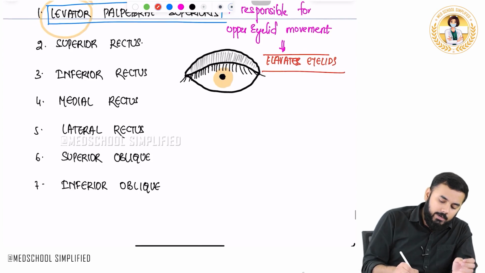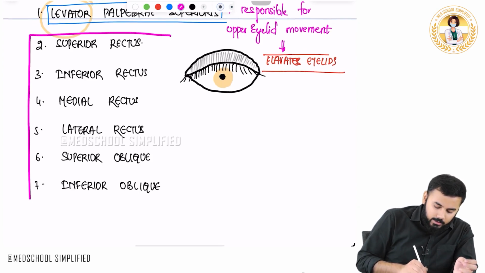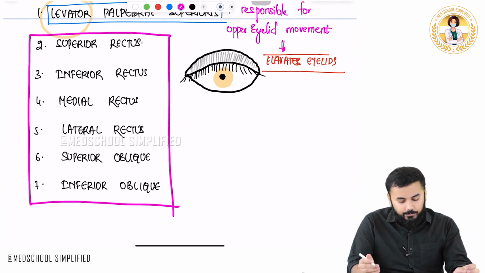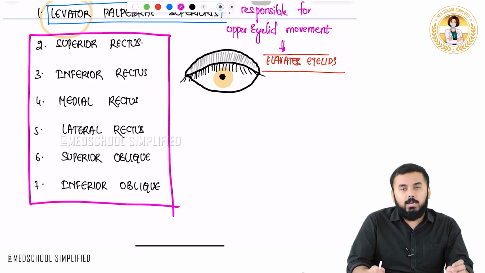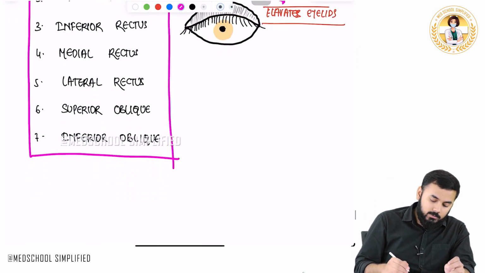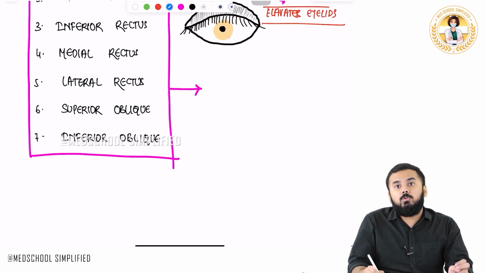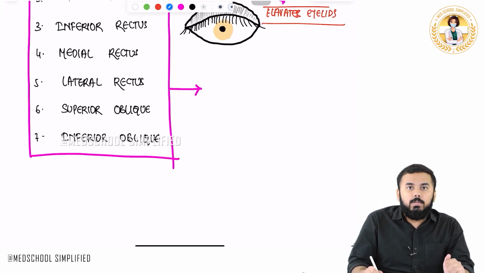Now after levator palpebrae superioris, you come across the next group of muscles. What are these muscles? One is the superior rectus, inferior rectus, medial and lateral rectus, and superior and inferior oblique. All these remaining 6 muscles are responsible for the movement of your eye. For example, I can look up, I can look down, I can look right, I can look left, I can even rotate my eyes.